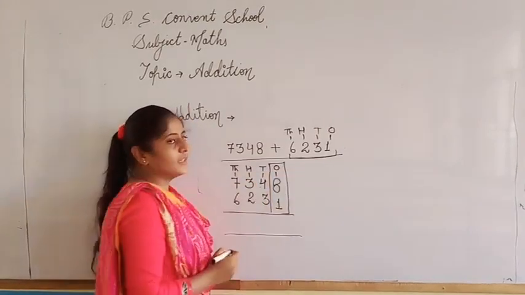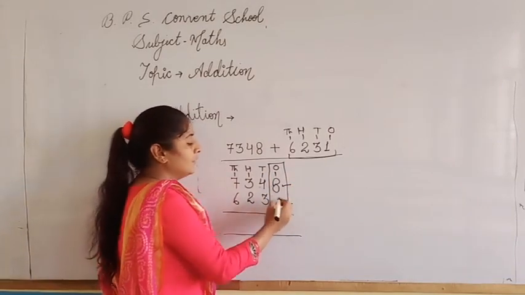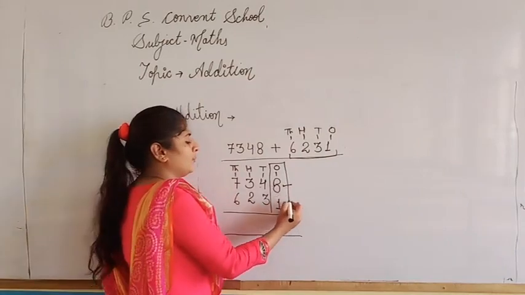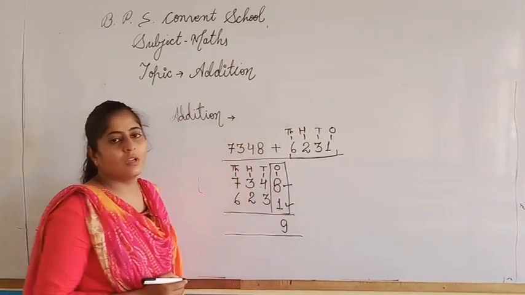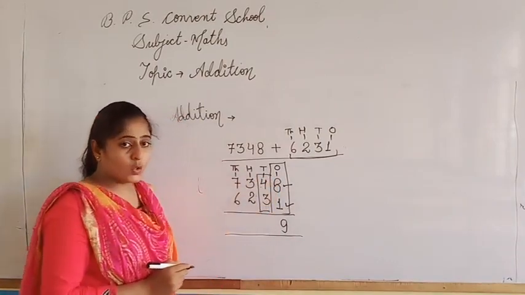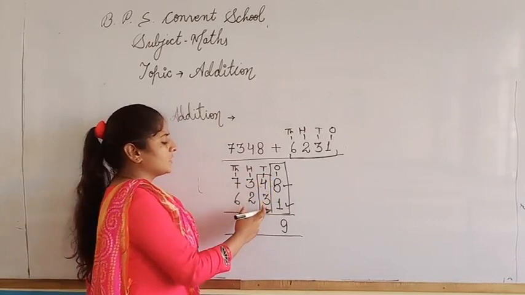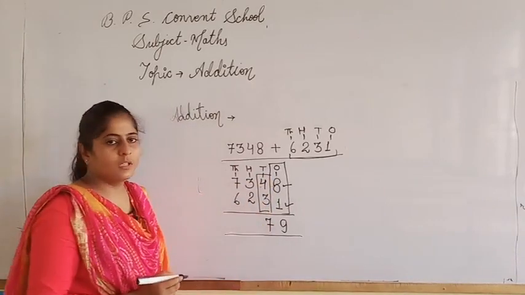So first we add the first column digits, 8 and 1. 8 plus 1, 9. Then next, tens column, 4 plus 3, 7.